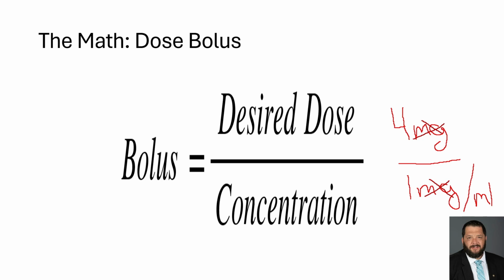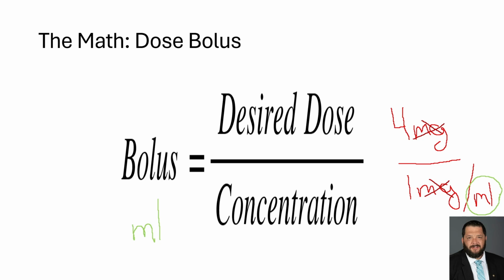The next step is to take your remaining term and move it to the outside. So we're going to move it over here because with our bolus medication, we're actually going to give an amount of milliliters. And here's what I mean by that. Our desired dose was 4 milligrams, but we cannot go to the syringe and the vial and draw up milligrams.